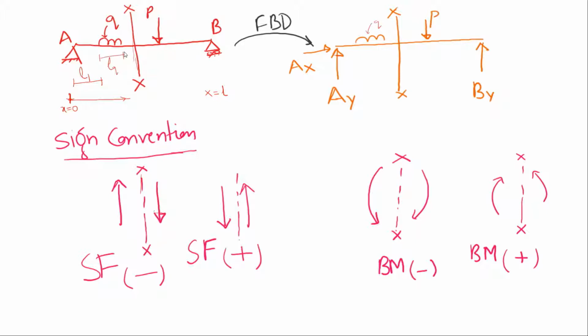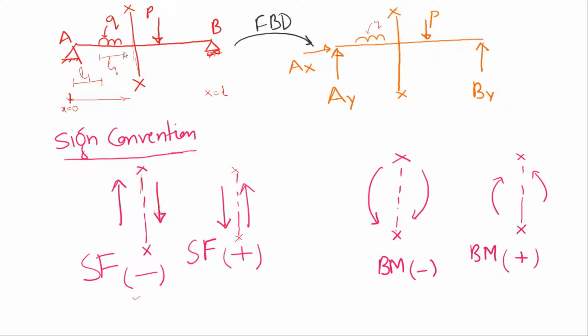It may vary by author, but we will consider this sign convention. For the section XX, if the right side is upward and the left side is downward, we consider the shear force positive.